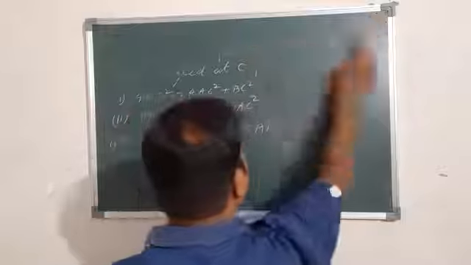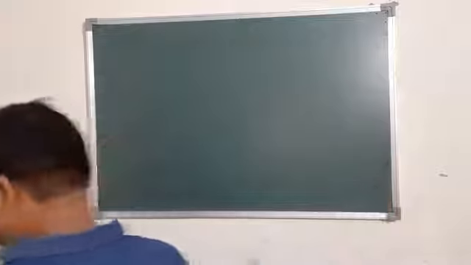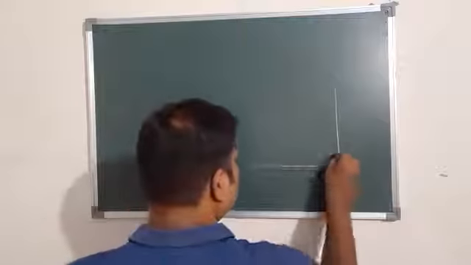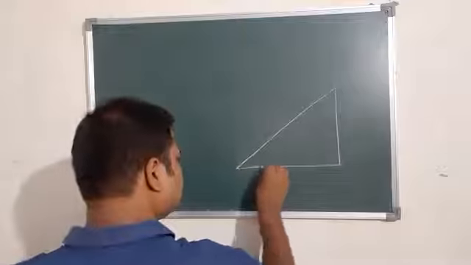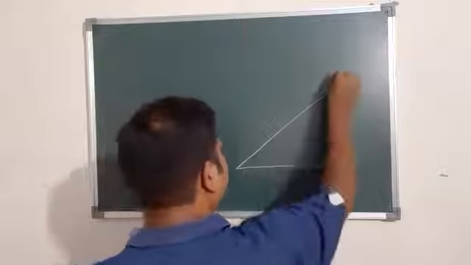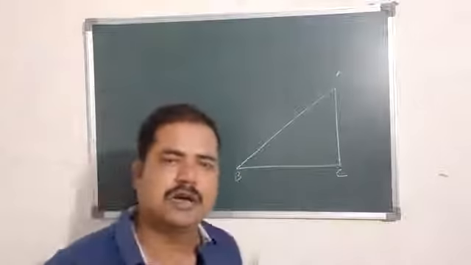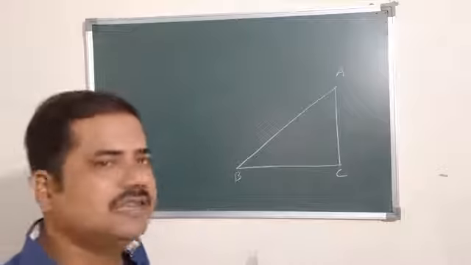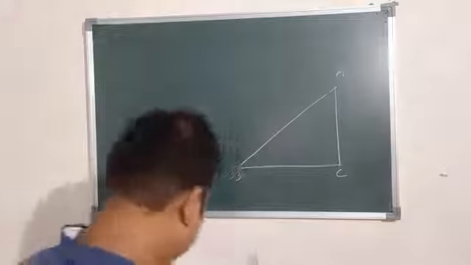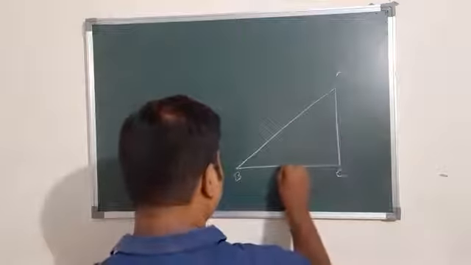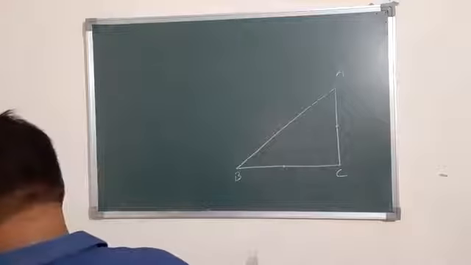First we make the triangle ABC, which is right angled at C. In the question it is already given the triangle is right angled at C. Now P and Q are midpoints of CA and CB.